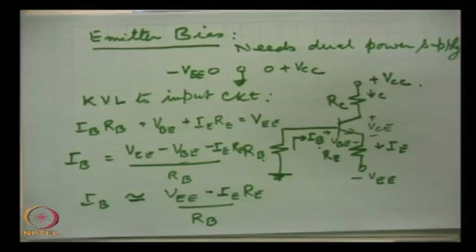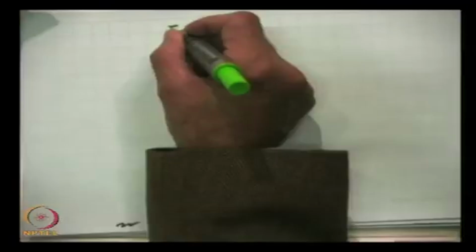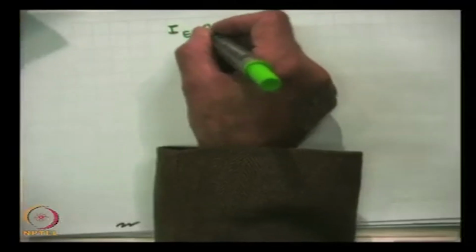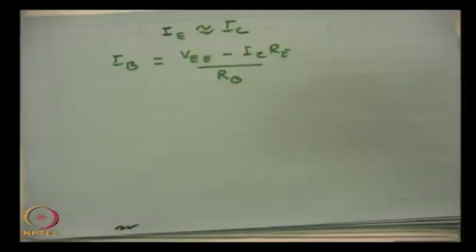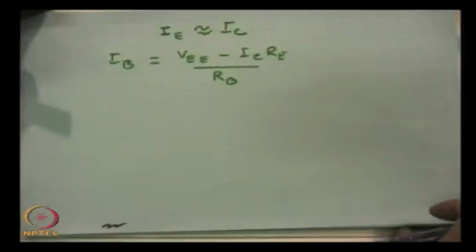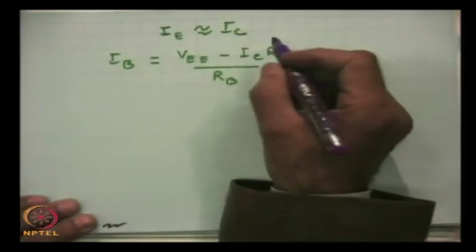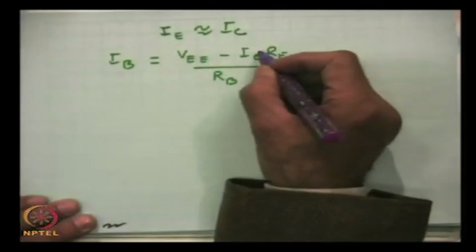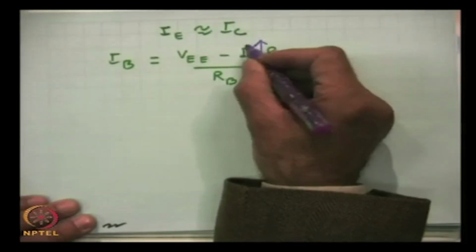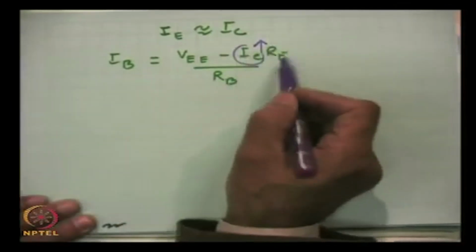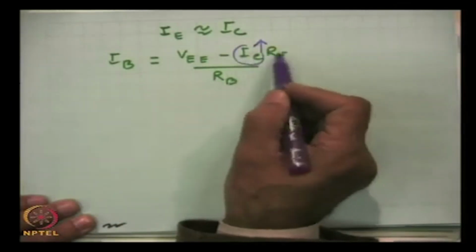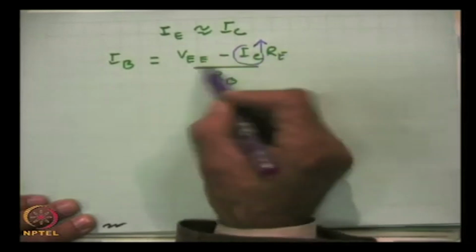Now, for any reason IE is almost equal to IC, and this is the equation which shows the stability, that if the collector current rises, this parameter will acquire higher magnitude and this term will fall.